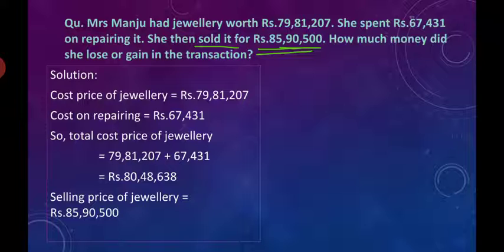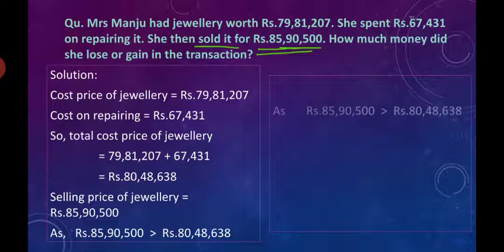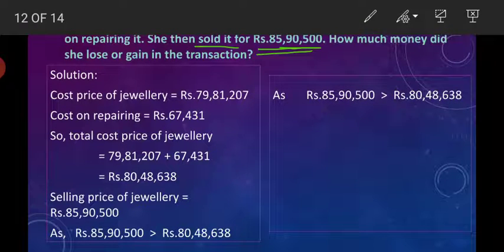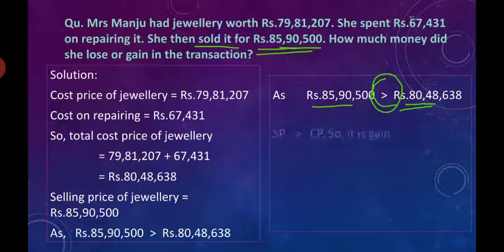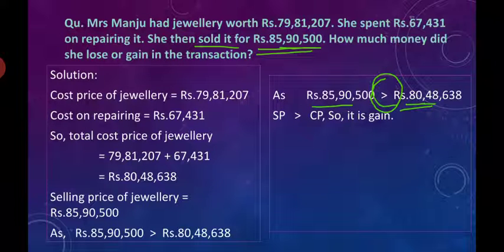For the profit or loss we have to compare these two, which one is greater, that is cost price or selling price. Here the selling price is greater, we know that 85 lakh is greater than 80 lakh. Okay, so selling price is greater than cost price.